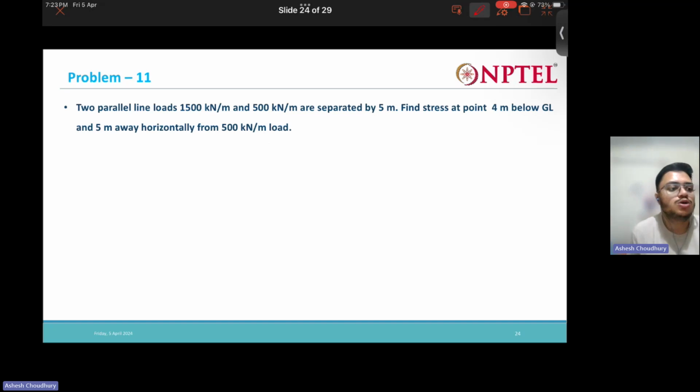Two parallel line loads, 1500 kilonewton per meter and 500 kilonewton per meter, are separated by 5 meter. Find stress at a point 4 meter below ground level and 5 meter away horizontally from the 500 kilonewton per meter load.